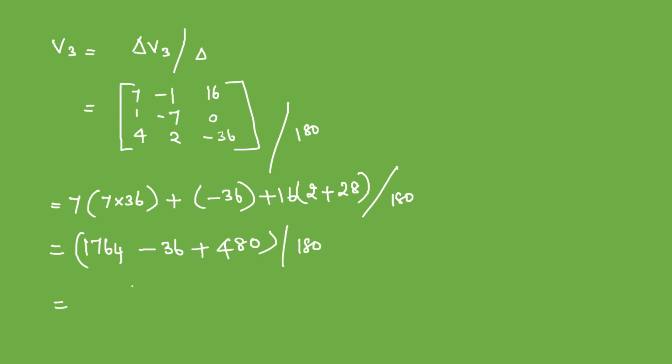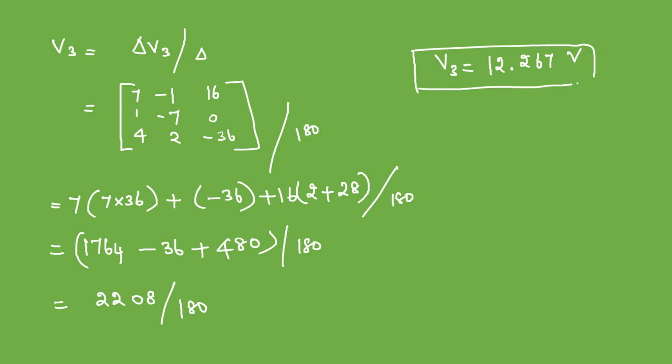So this is equal to 2208 divided by 180. So that V3 is equal to 12.267 volts. So we got the third answer also. So we got all the three answers.